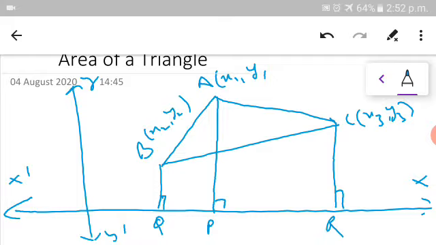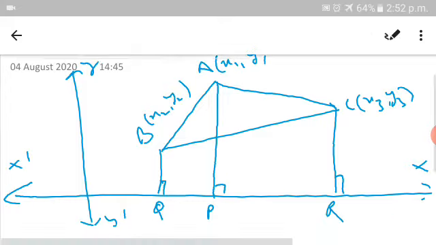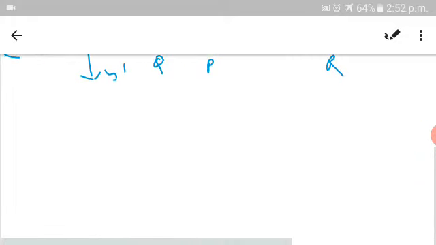Now see, how am I going to write the area of this triangle ABC?